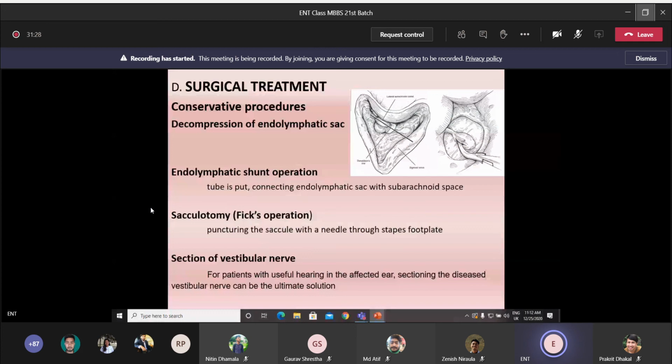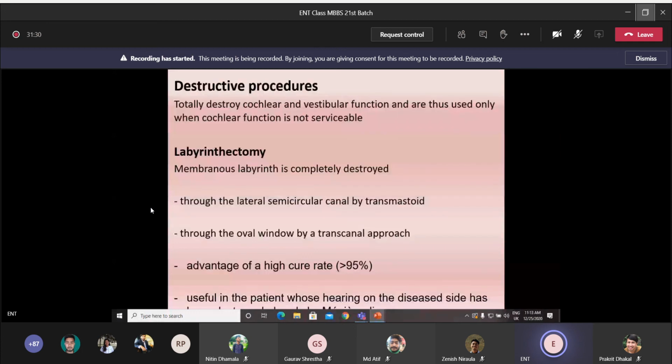Now there are destructive procedures too. What are they? There's only one, that is labyrinthectomy. Here it destroys totally the cochlear and vestibular function, and this is only used when the cochlear function is not serviceable. So you do it when the patient has a dead ear. What happens when you do labyrinthectomy?